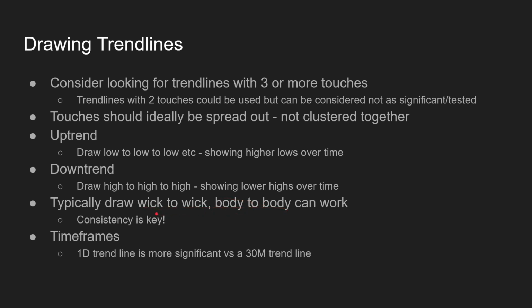I personally, when using trend lines, have only drawn them from wick to wick. I've never drawn them body to body. I mean, they work fine body to body. I just prefer wick to wick. We also want to consider time frames. So the 1 day, the daily trend line is more significant versus a 30-minute trend line.